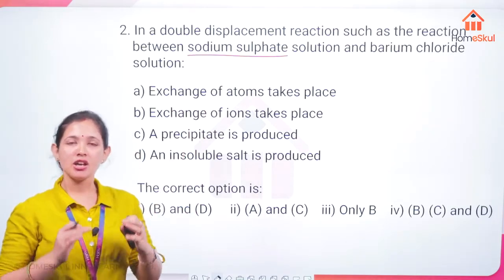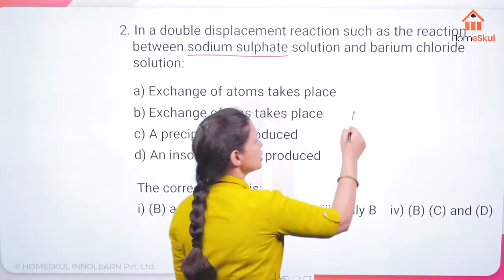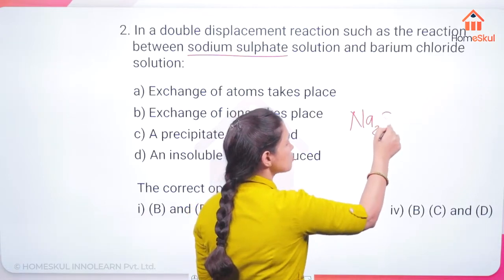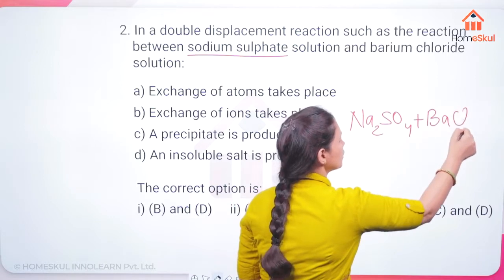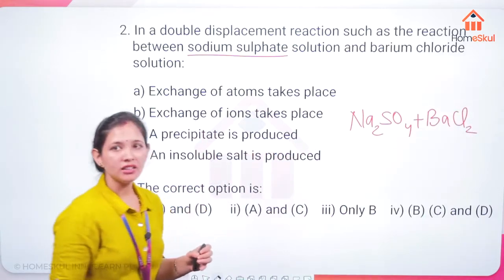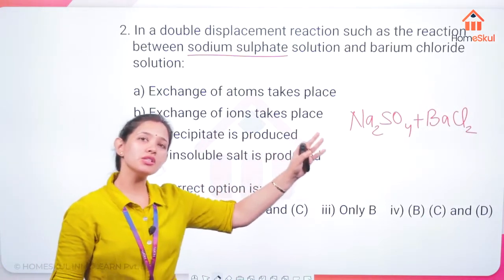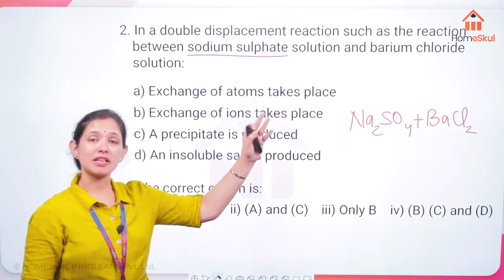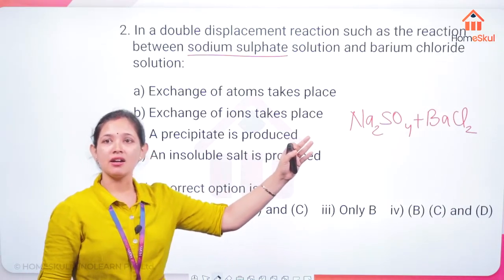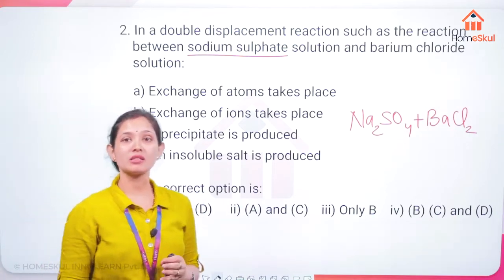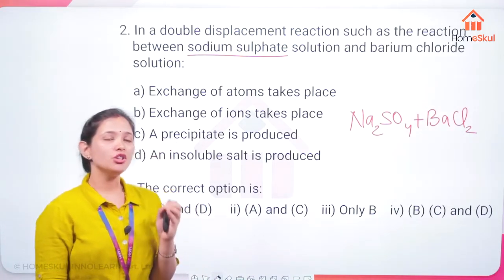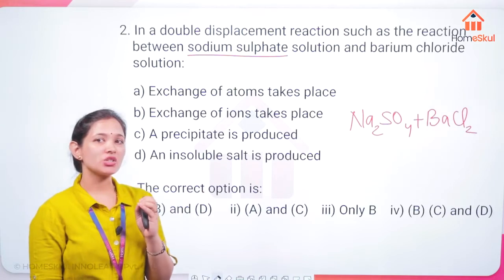Very, very correct. Now what they are asking, you are going to have Na2SO4 plus BaCl2. They are asking that when these two salt solutions are there, you are mixing them. So here you are going to have a double displacement reaction. And you know what double displacement reaction is.